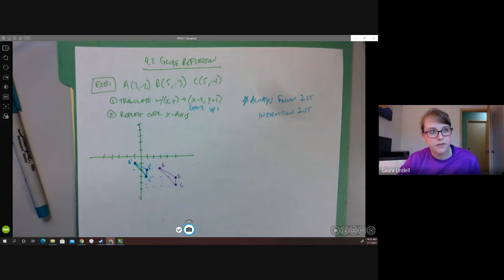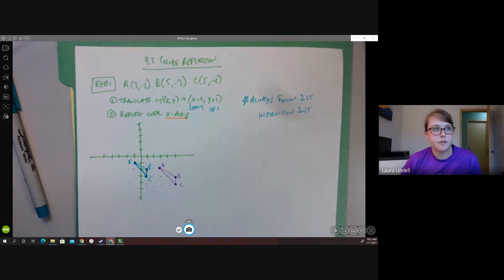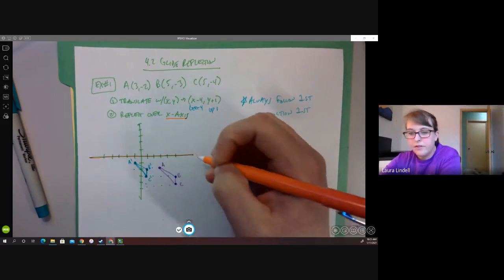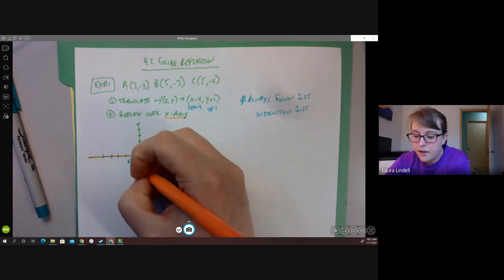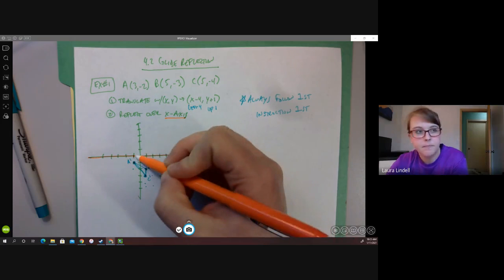The second instruction says to reflect over the x-axis. So here's the x-axis right here. That's the line we're reflecting over. So that's the line that we count the amount of spaces to get to that line, and then we count the same amount of spaces past it and make a new dot. So for point A, I have to count up 1 point to get to my axis of reflection.